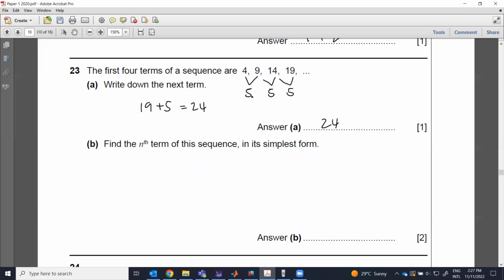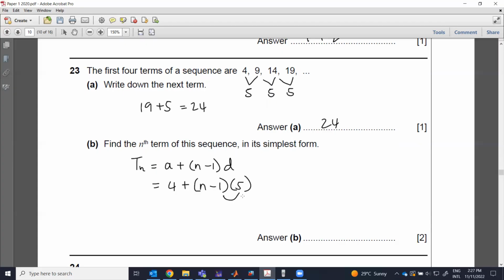Now here you can see we have a common difference. So this is what we will call an arithmetic progression or an arithmetic sequence. And the formula for an arithmetic sequence, we know Tn is a plus n minus 1 times d. A is our first number in the sequence, so it's 4 plus n minus 1, our common difference is 5.